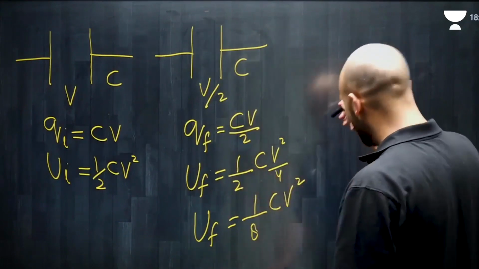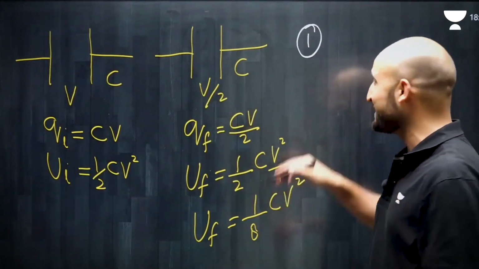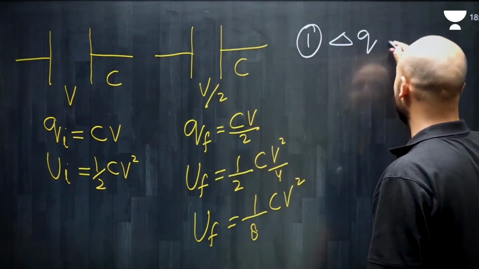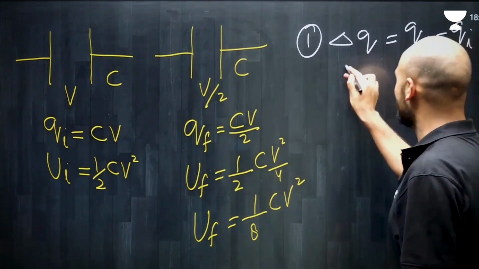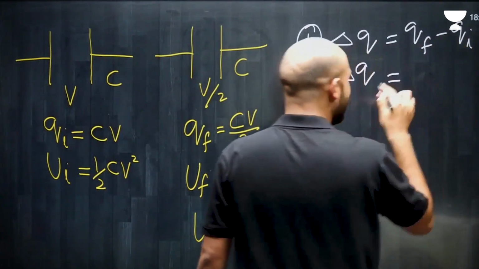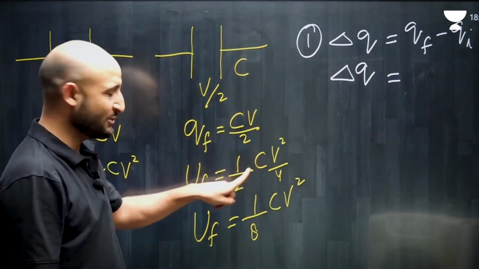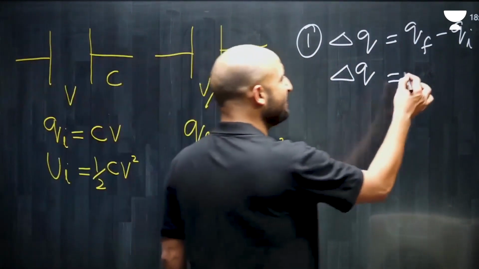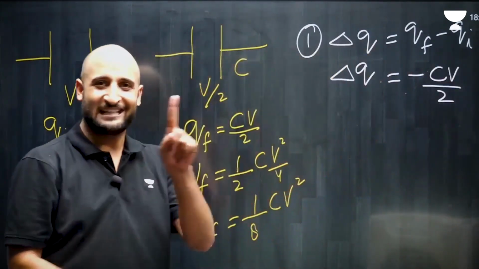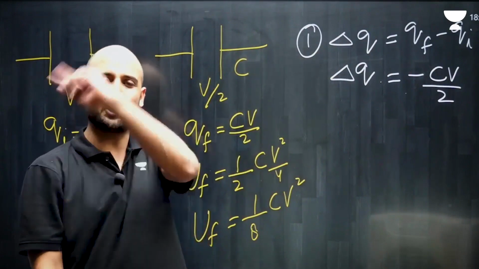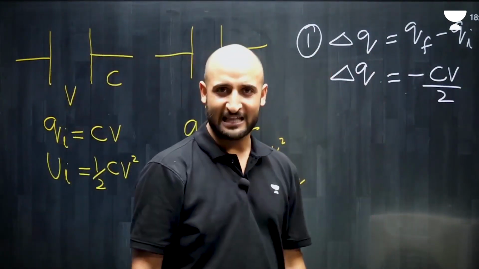So if I go for the first part, what is the amount of charge that flows through the battery? That's delta Q. That will be obviously equal to Q final minus Q initial, right? So your delta Q, the amount of charge that flows through the battery, will be Q final, CV by 2, minus CV. That will be obviously minus CV by 2. The minus sign here tells you that the charge has not flown from battery to capacitor, but from capacitor to the battery. So that's the amount of charge that flows through the battery.